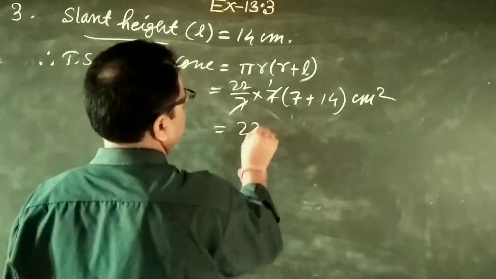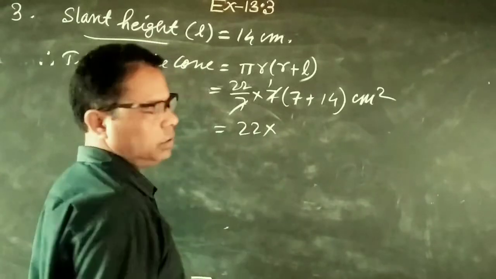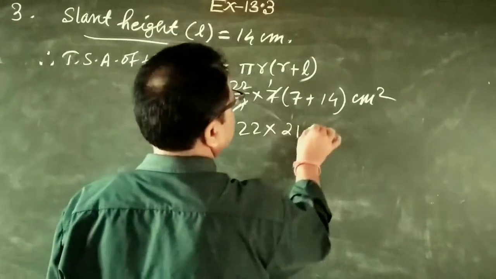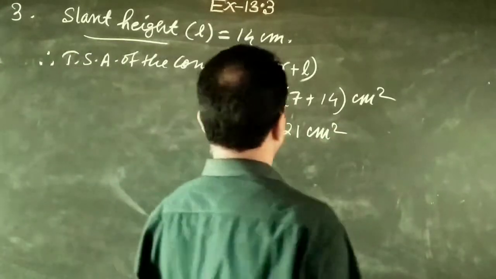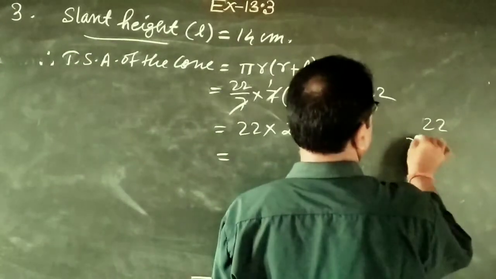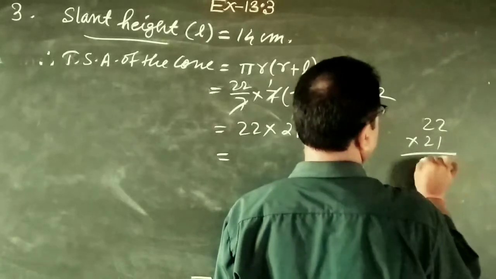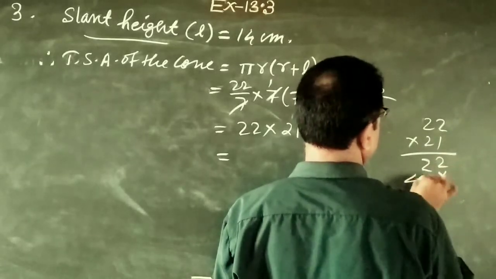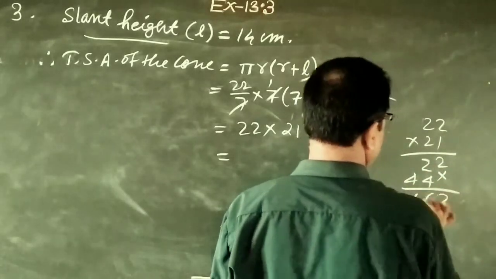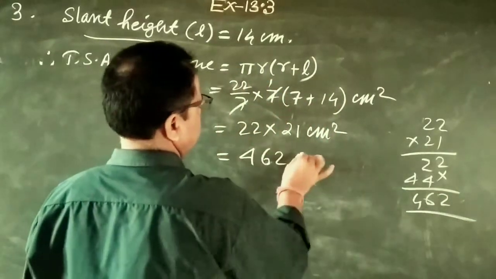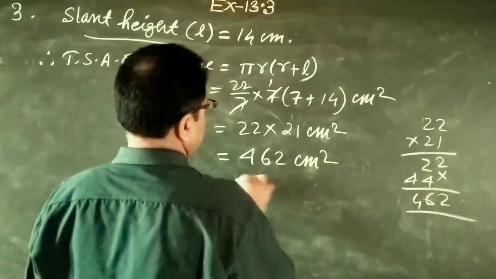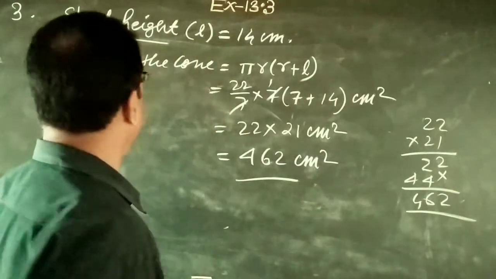Then 22 into (7 plus 14), which is 21, centimeter square. Multiply and get the result. 22 into 21 is 462 centimeter square. This is the complete answer for question number 3.